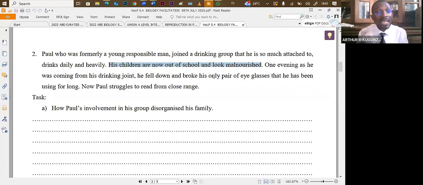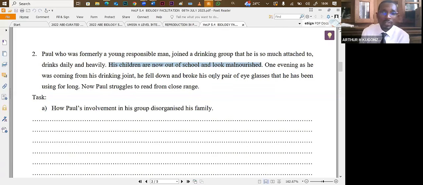So you have to explain how Paul's involvement in his group led to his children dropping out of school. You can say that Paul must be spending the money meant for school fees on drinking. Therefore, his children are out of school due to lack of school fees.